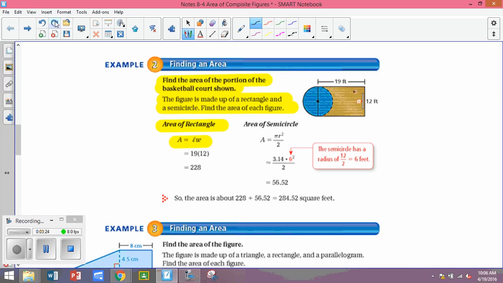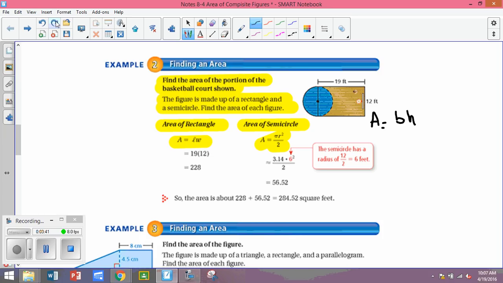The area of your rectangle is length times width, and the area formula to find a semicircle is area equals pi r squared divided by 2. We're dividing it by 2 because the figure that you need is just a semicircle, half of a circle.